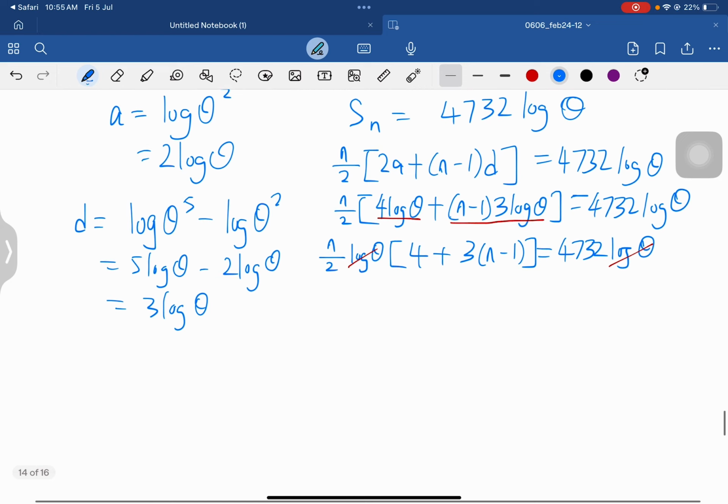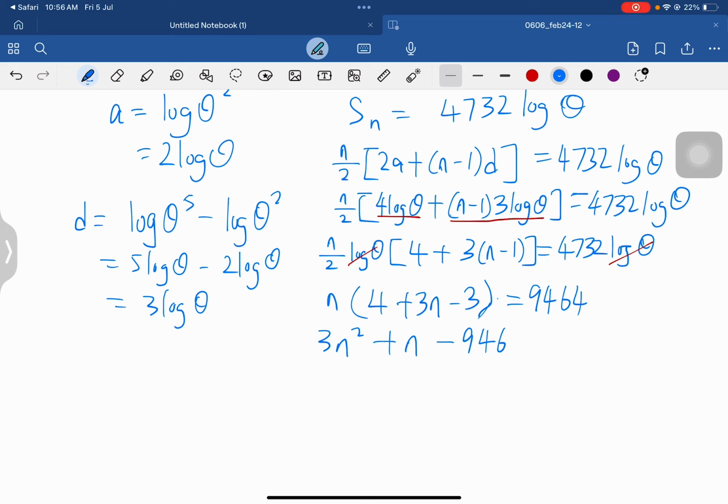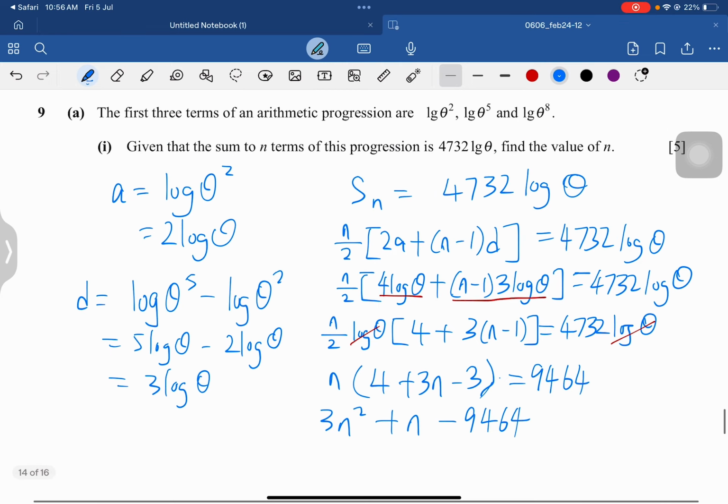Okay, simplify now. Divide by 2, you can throw to the other side, become times. So become n times 4 plus 3n minus 3 equals 9464. Open the bracket also: 3n square plus n minus 9464 equals 0.